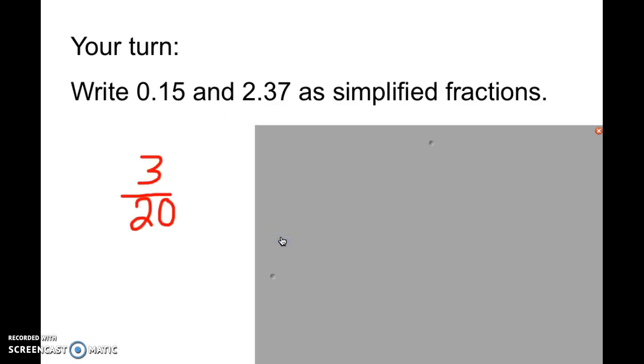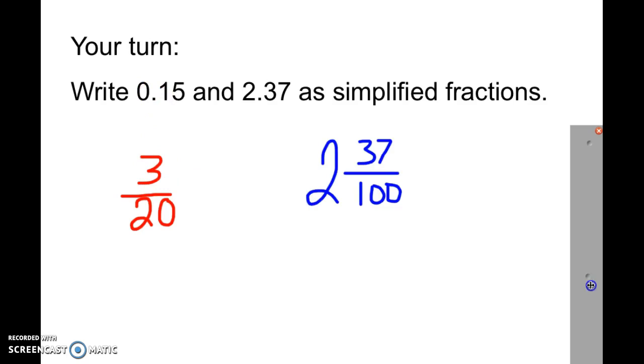Did you get a simplified version of 15 hundredths as 3/20ths? Did you get 2 and 37 over 100 for a simplified fraction version of 2.37? If you got both of those answers correct, give yourself a big giant grinning smiley face.